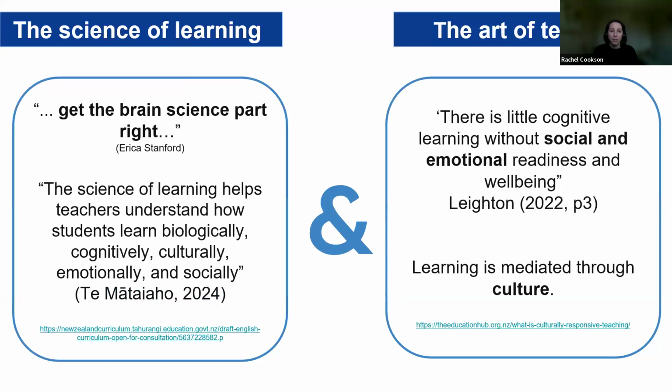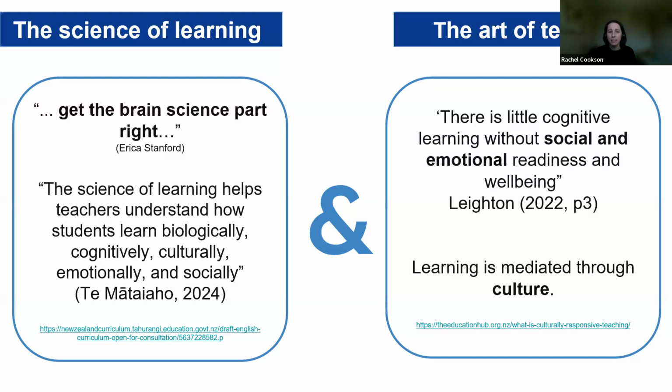So what is the science of learning? On the left of the screen there is a quote from Te Mataiaho, the English curriculum, the refreshed curriculum that's currently out for review for year 0s to 6. Science of learning helps teachers understand how students learn biologically, cognitively, culturally, emotionally, and socially. Very large definition.